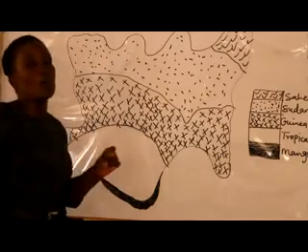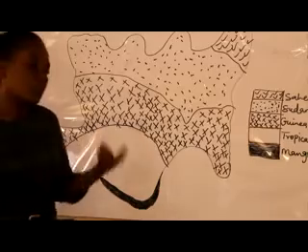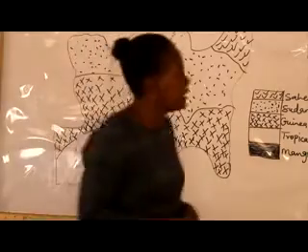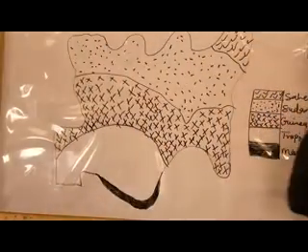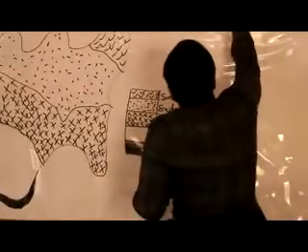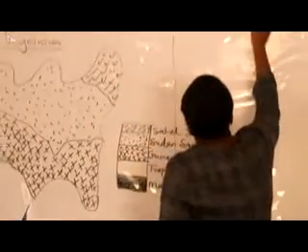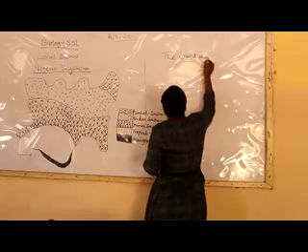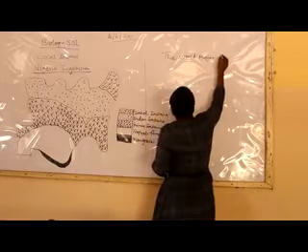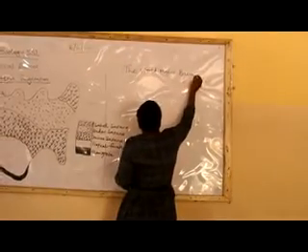Then let's quickly touch the other major biomes of the world. Quickly, let's talk about the world's major biomes. As it is in Nigeria, it is also in other parts of the world.